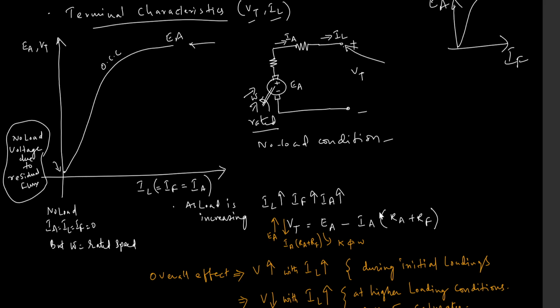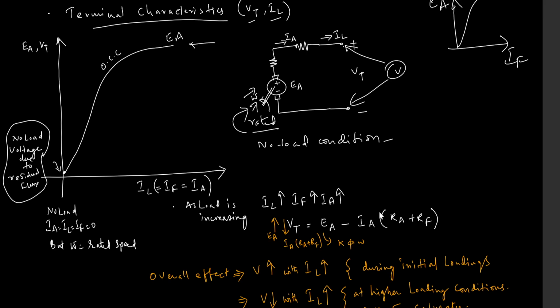If I place a DC voltmeter here at no load condition, as it is rotated at rated speed, due to residual flux there will be a small no load voltage appearing at the terminals, this point.